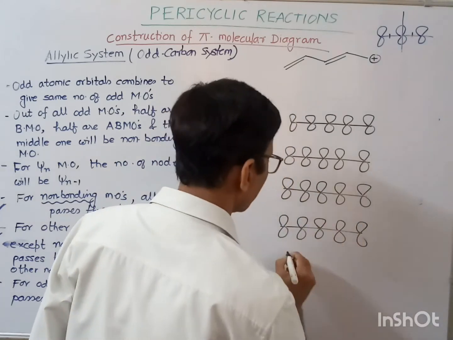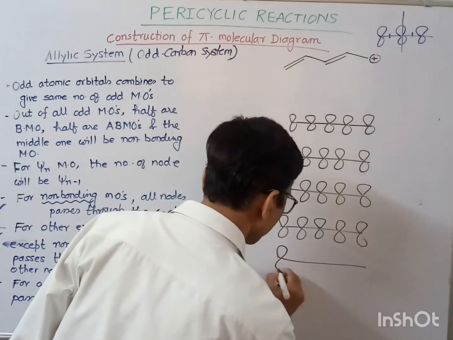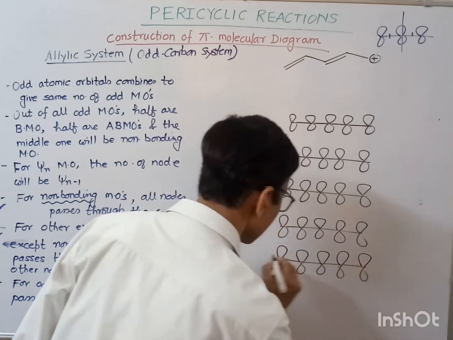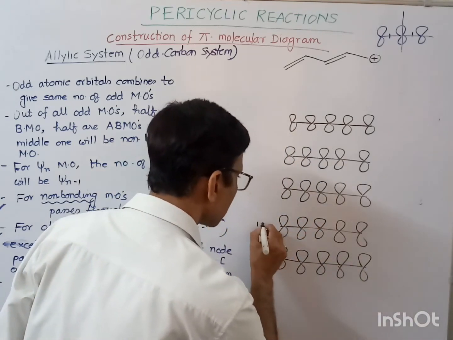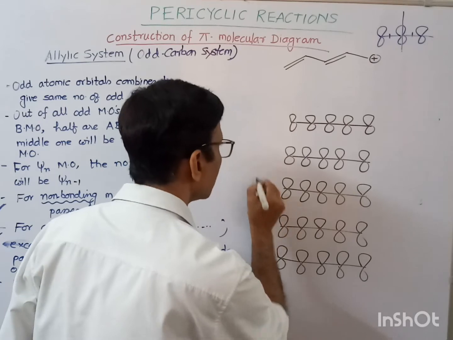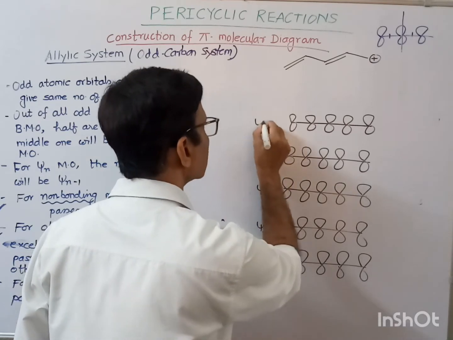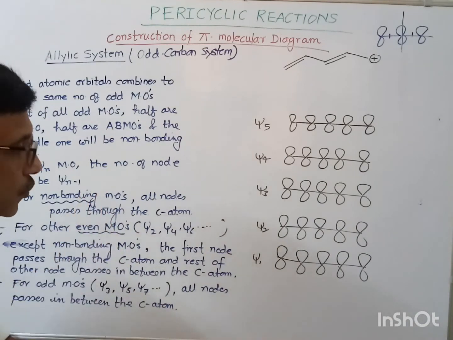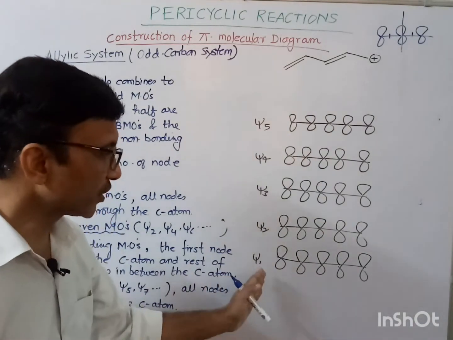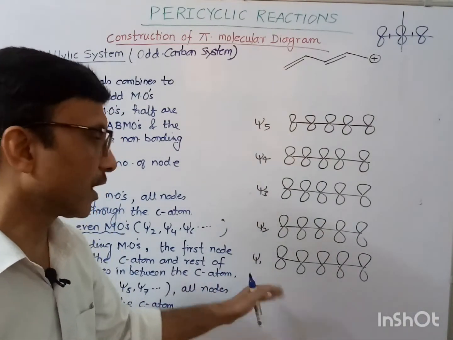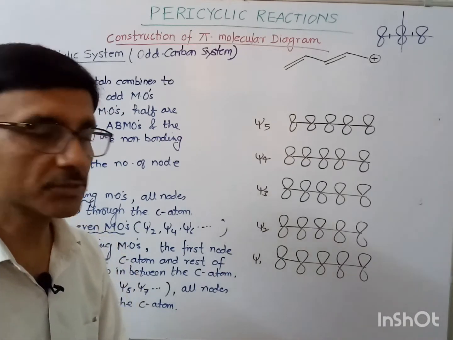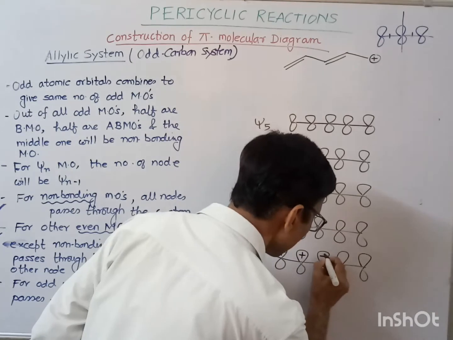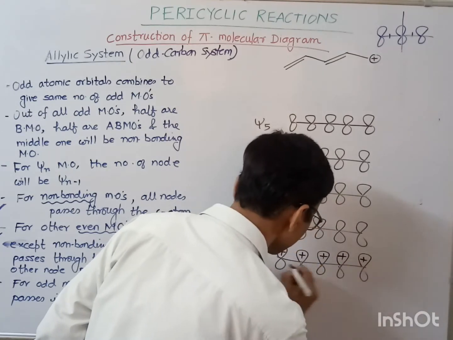Now, so 5 molecular orbitals, and we can name it as psi 1, psi 2, psi 3, psi 4 and psi 5. Now according to this rule, what I told you, the first molecular orbital, either allylic system or even carbon system, all lobes have the same sign, plus, plus, plus, plus.